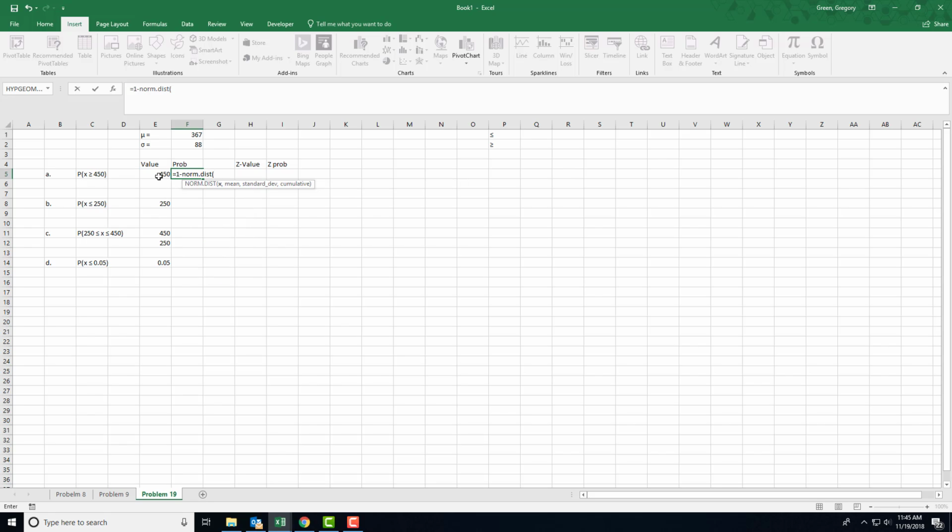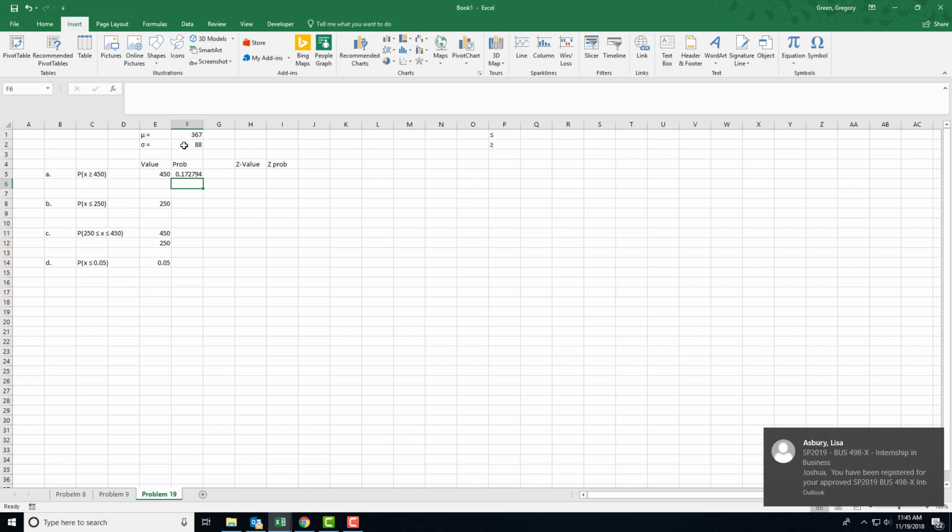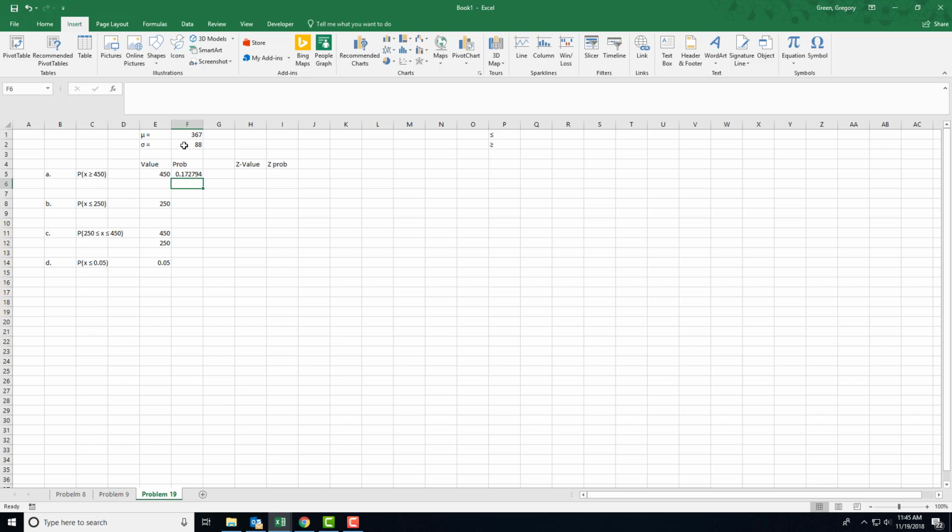I'm interested in the number 450. I have a mean of 367 and a standard deviation of 88. And yes, I am going to take the cumulative density. So there's a 17% chance, or a probability of 0.17, that when I take my car to the repair shop, the cost will be above $450.